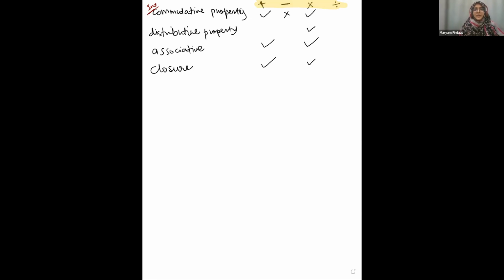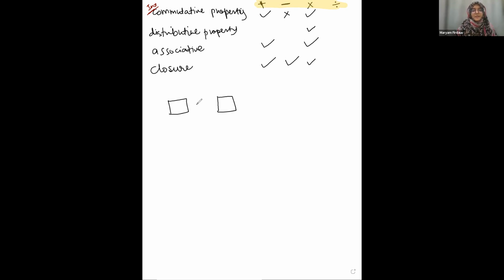Okay, so you're saying it holds under subtraction. What about division? Can you explain again? Okay, from where do you want me to explain? The subtraction. Okay, so closure means that you have an integer here, you have an integer here. We're talking about closure under subtraction of integers.